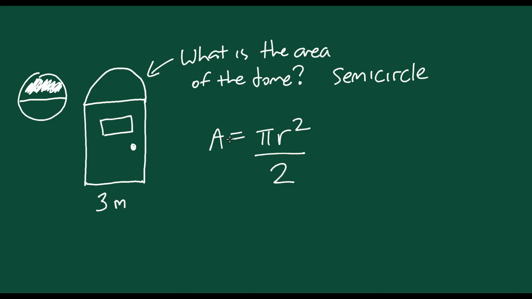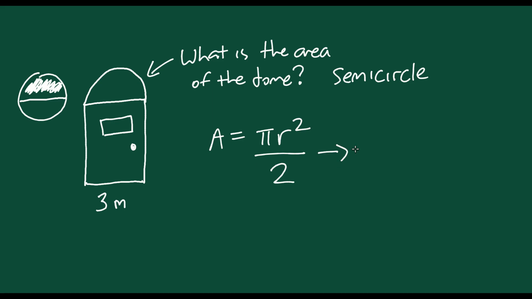Now it's going to be pretty easy. Let's plug in 3 in the appropriate place. One more step. If 3 meters is the width of the door, that means 3 meters would be the diameter. If the diameter is 3 meters, what would the radius be? Because we need the radius, r. Remember that radius is half of the diameter. So the radius would be half of 3, which is 1.5.